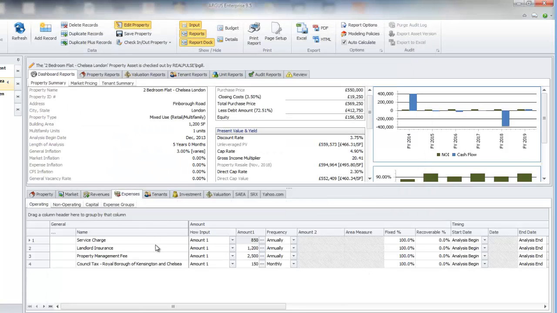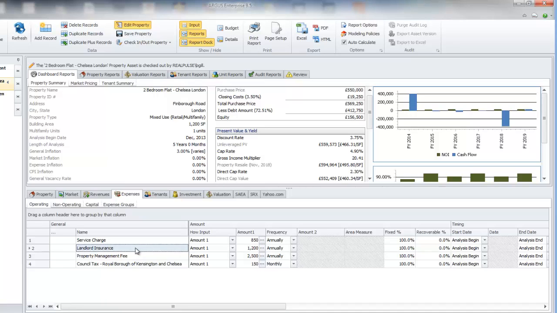In terms of expenses, we have a couple of line items which are very typical expenses associated with acquiring residential assets, for example, in the United Kingdom. So we have a service charge on the basis of £850 on an annual basis.